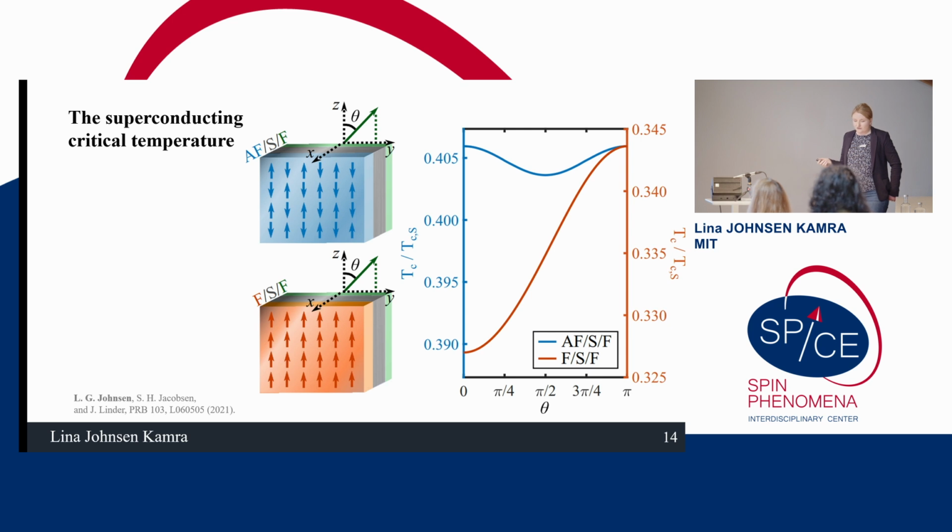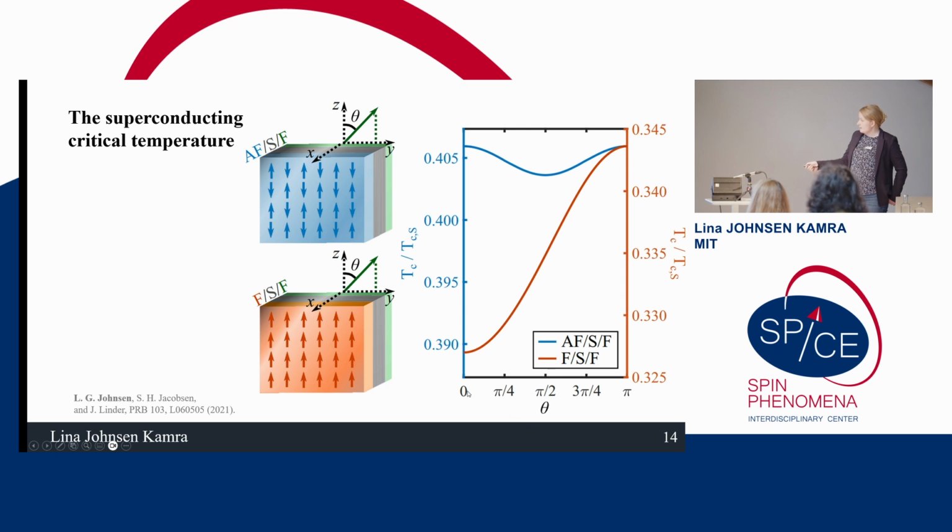Now, let's get to some results. We first started out by considering the critical temperature of first a ferromagnet superconductor ferromagnet structure, and then switching one of the ferromagnets with an antiferromagnet. Here we see the critical temperature as a function of the tilt angle of this second ferromagnetic layer.